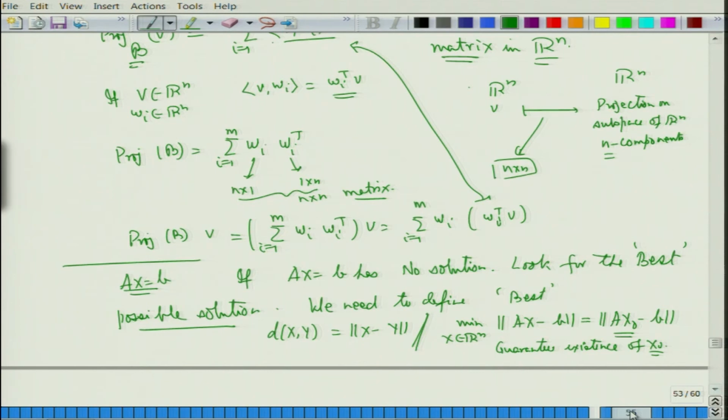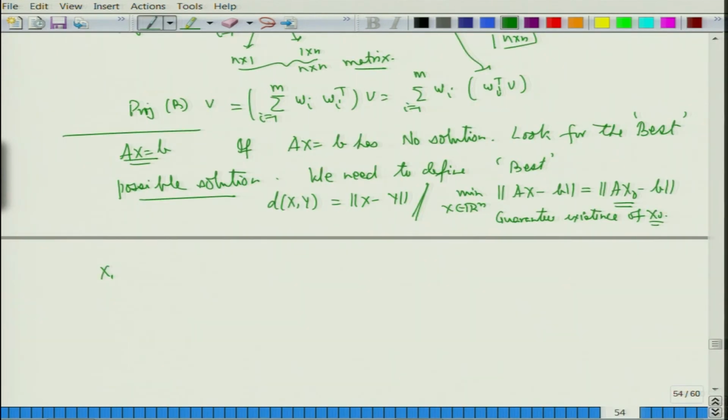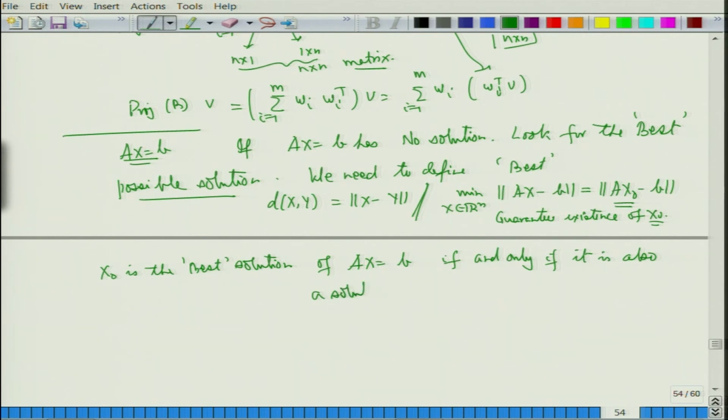And then what we showed was that x naught is the best solution or the nearest solution of Ax is equal to B if and only if it is also a solution of A transpose A x is equal to A transpose B. All right.